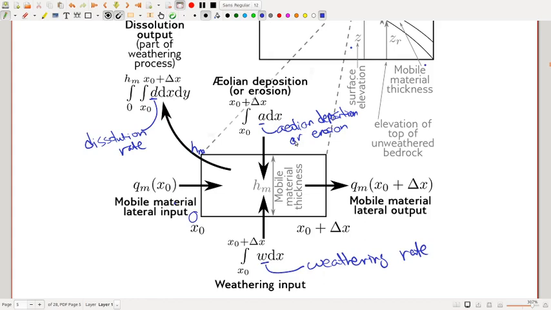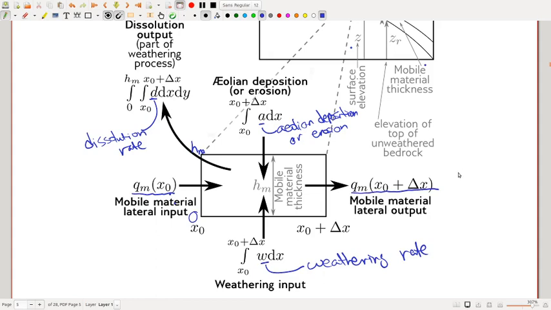But right now, from more of our standpoint, starting out with thinking about material moving laterally, downslope, we actually have this q sub m. So we have q sub m at x naught and q sub m at x naught plus delta x.